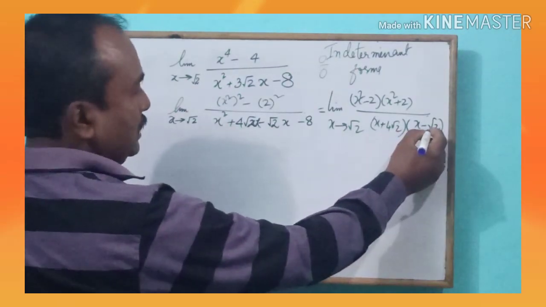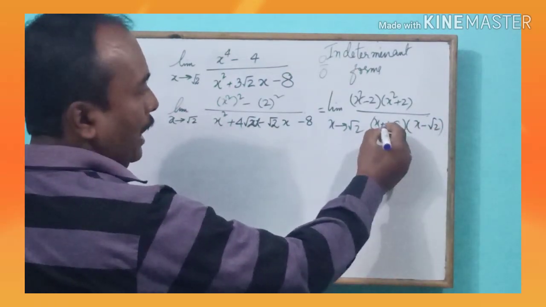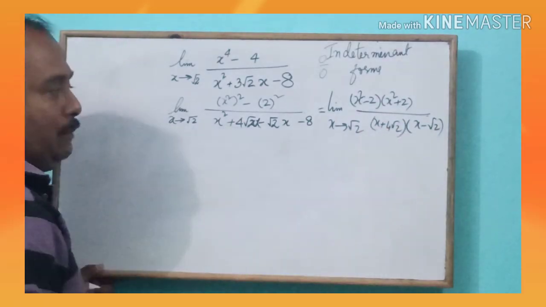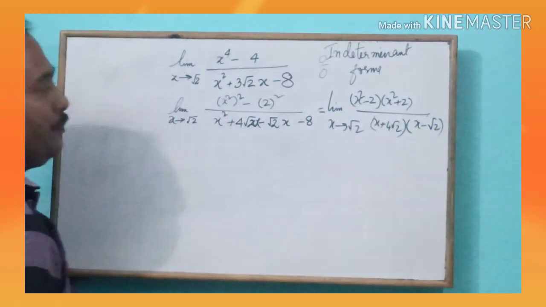Its product is 4 twos are 8 and its sum is 3 root 2.